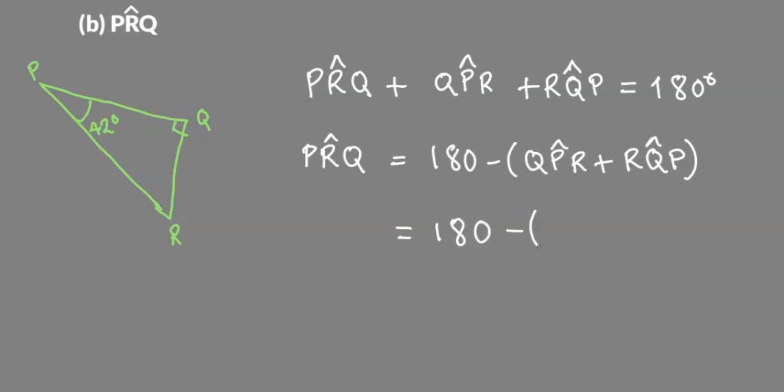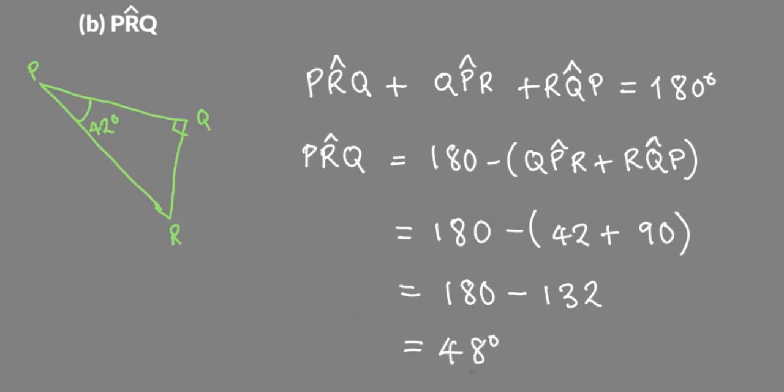We have the values of QPR and the value for RQP. If we add 42 and 90, we should get 132. If we subtract these two numbers, we're going to get 48, and this is the value of PRQ.